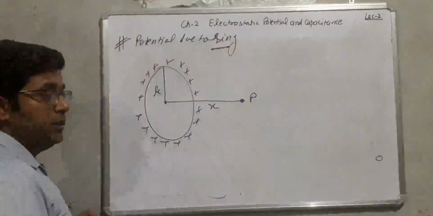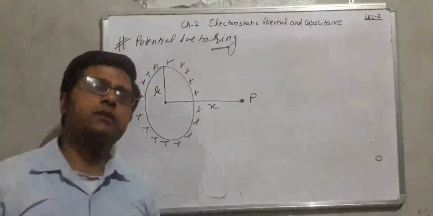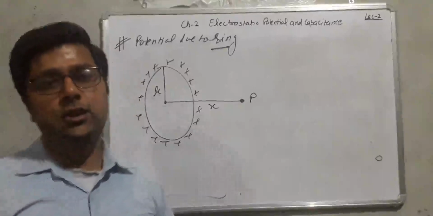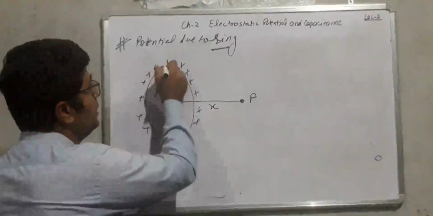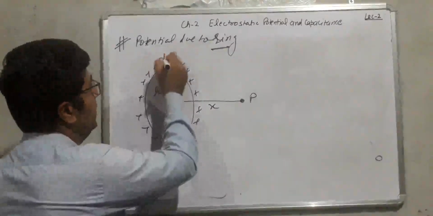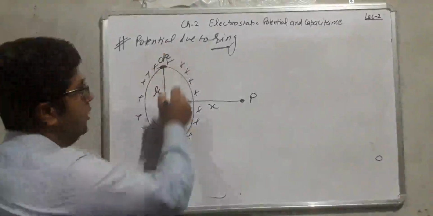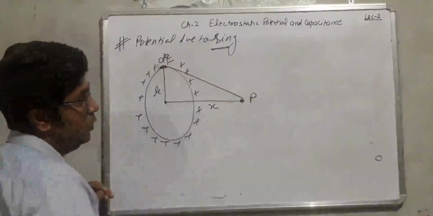So now for this, obviously beta, electrostatic potential is calculated for a point charge. So for that we are taking a point charge over here, a small charge, that is dq charge. And we just find out the potential due to this over here.